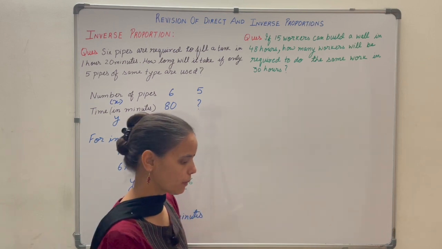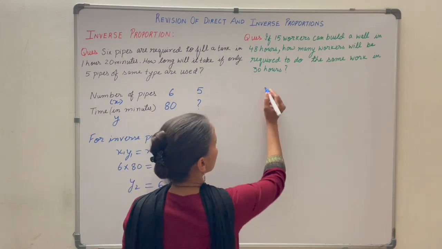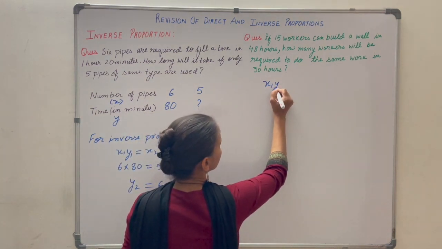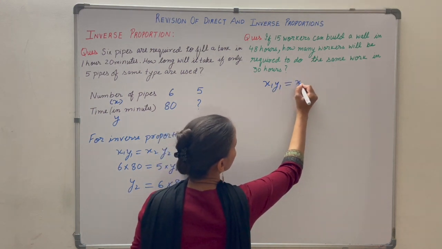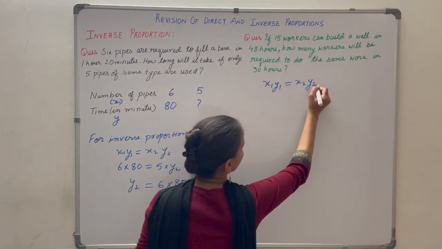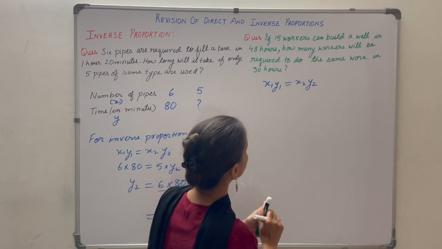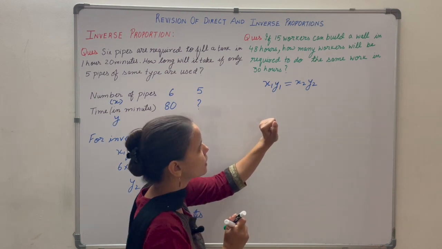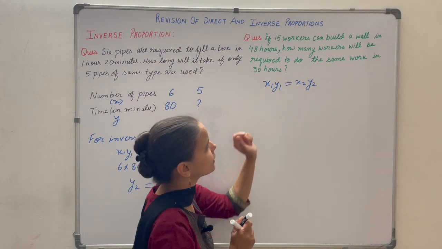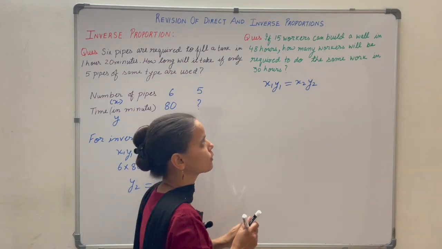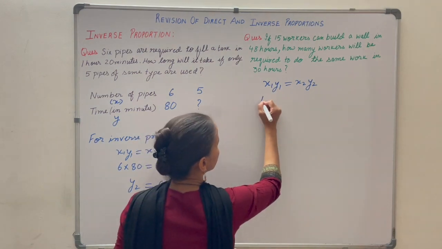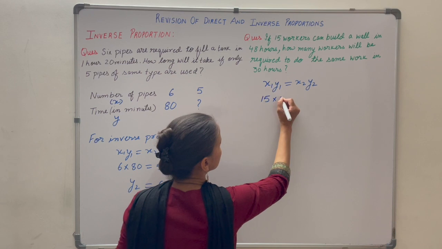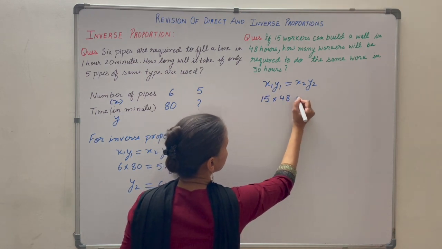So for inverse proportion, we have this formula: x1 y1 is equal to x2 y2. So if I assume here x as the number of workers and y the time taken to build the wall, let us substitute the values. When there are 15 workers, the time taken is 48 hours.